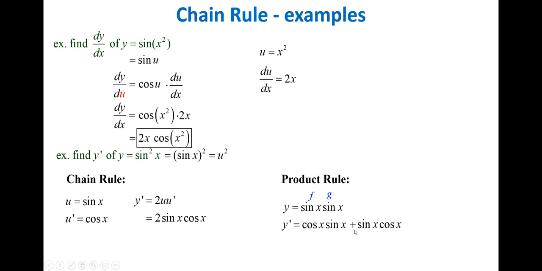Cosine x sine x plus sine x cosine x. And then combining these, this is really also sine x cosine x with just the factors flipped. And therefore, they're like terms, and I can write this as 2 sine x cosine x.